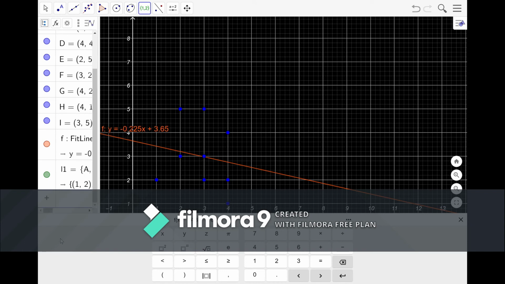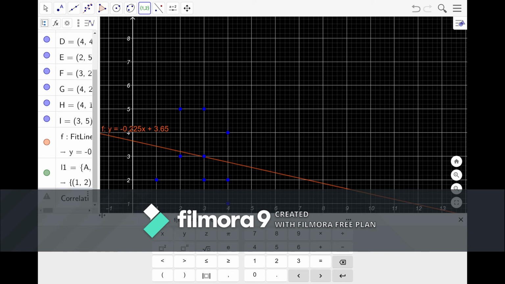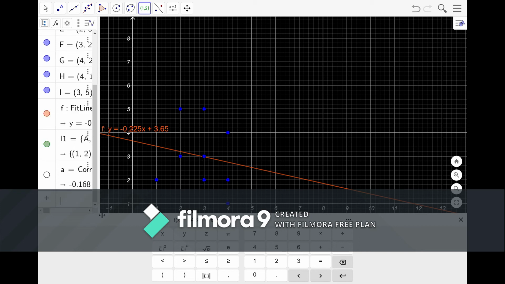For this, I would like to find the correlation coefficient. The correlation coefficient for my L1 says it is negative 0.168. So when the slope is negative, the coefficient is also negative. That's what we're seeing here in this diagram.